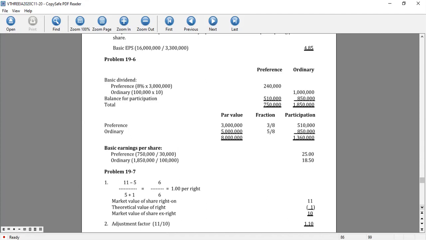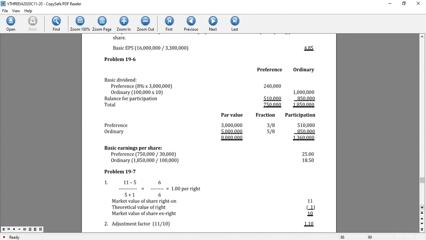So the fraction is 3 over 8 and 5 over 8. And now we are going to allocate the amount of 1,360,000. We have to give 510,000 to preference and 850,000 to ordinary.